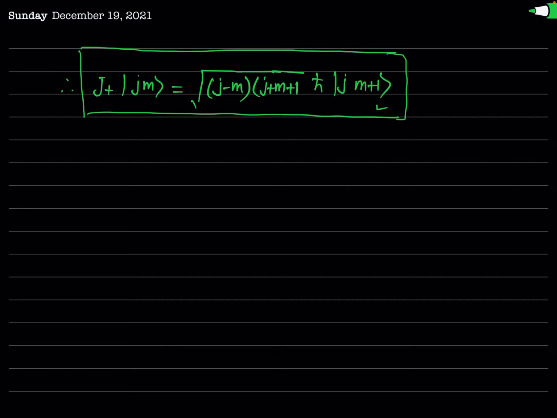This new eigenstate concept is also very important for other competitive examinations for objective problems: how the eigenvalue and eigenstate change by the operation of J plus on ket J m. So this discussion is important not only for university examinations but for various prestigious competitive examinations.